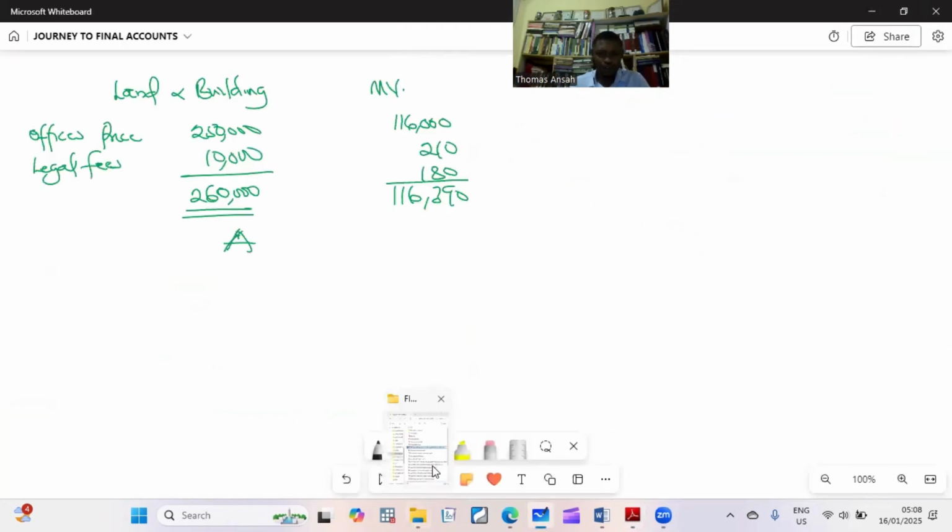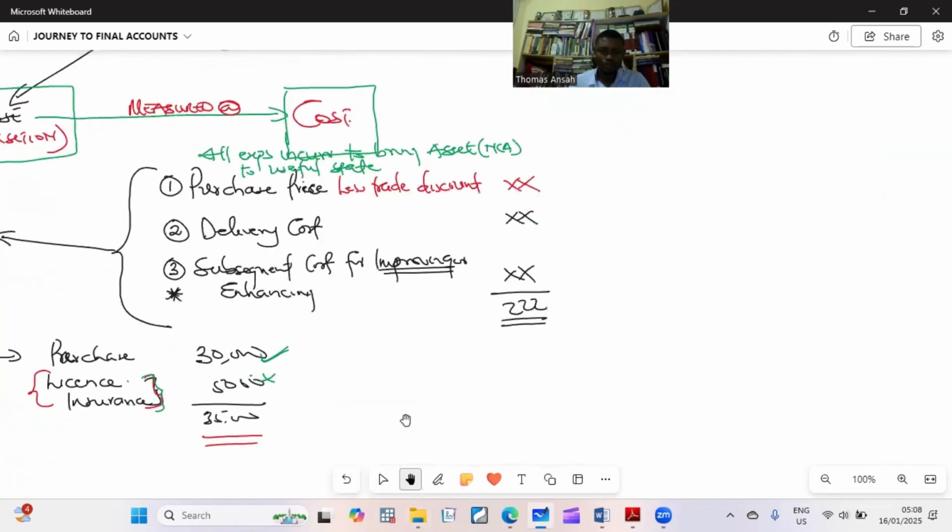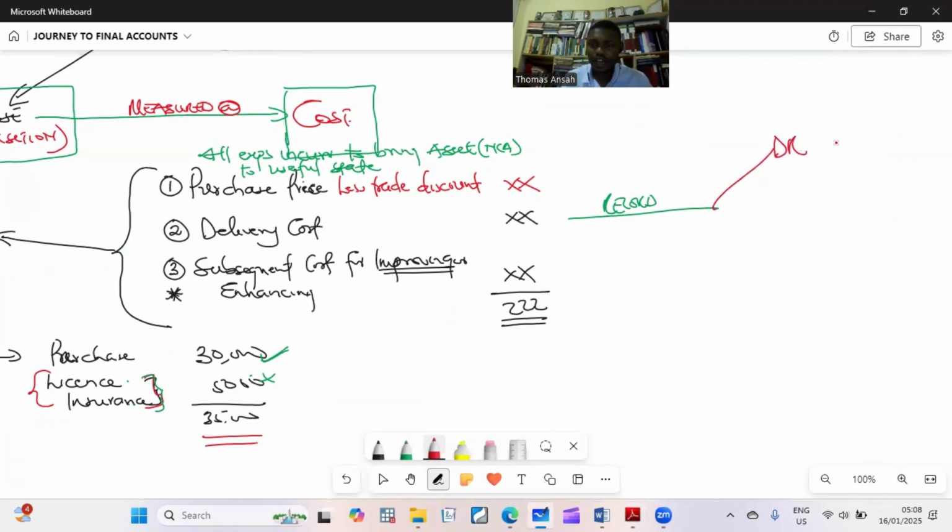Now, once you have the cost, how are you going to treat the cost in your financial statement? Once you have cost, remember how we used to do it. So the recording, how do we record it? We record by debiting the asset, the NCA.